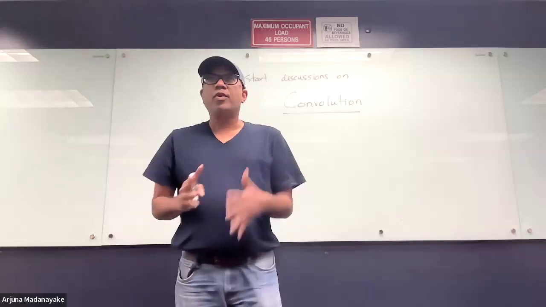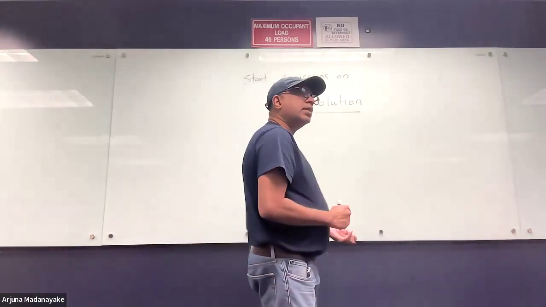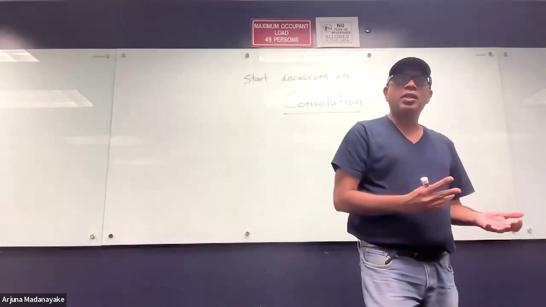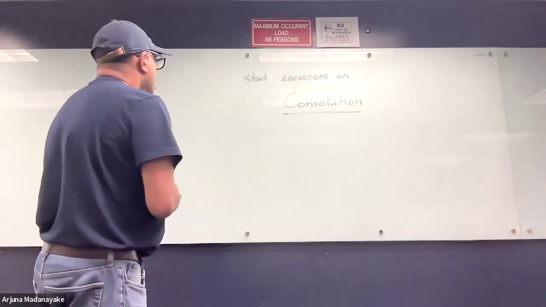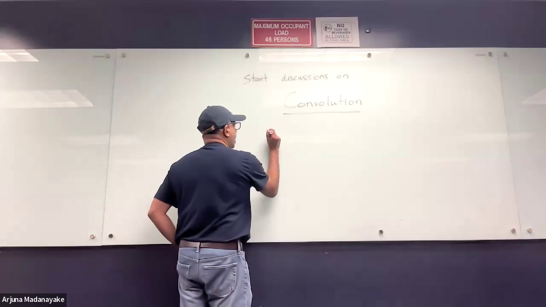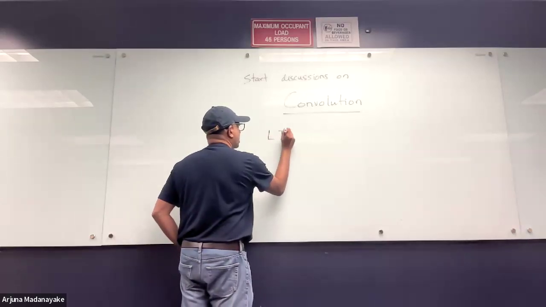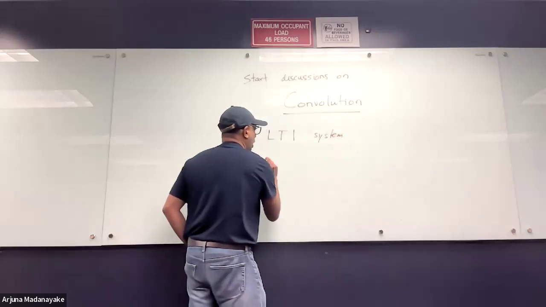Convolution is the fundamental operation that describes how a linear time invariant system behaves when you have a particular input. So to get into it, let's start with something simple. Let's go back to an LTI system. This is a linear time invariant system.